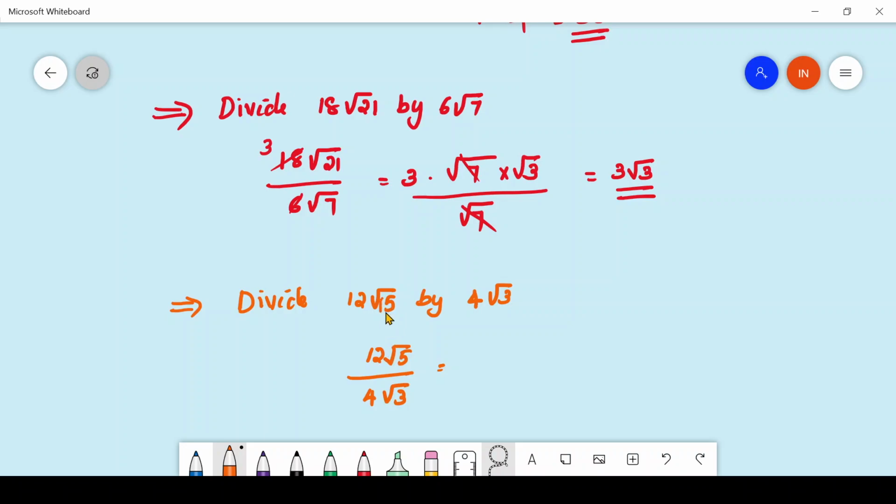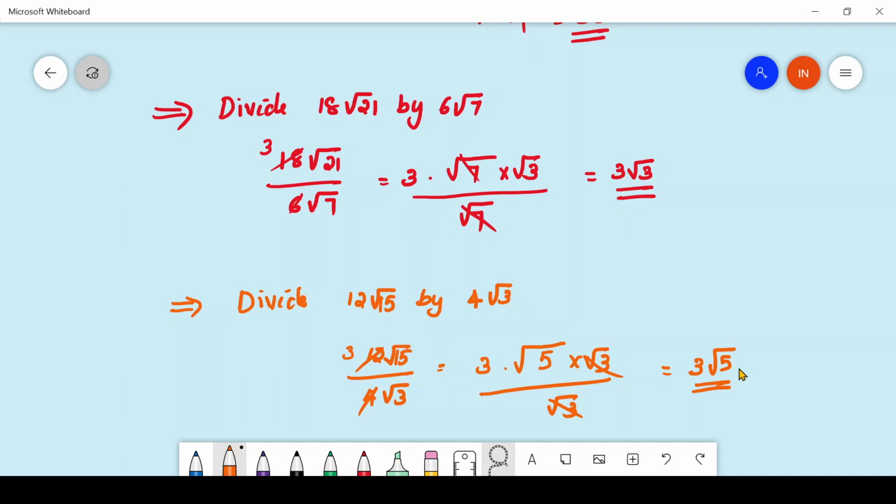This is not 5, it is 15. Let me write. So 12 root 15 by 4 root 3. As I told you, you can do the cancellation first and you will get 3. Then root 15 we can split as root 5 into root 3, divided by root 3. So these two will get cancelled and you will get the answer as 3 root 5, right?